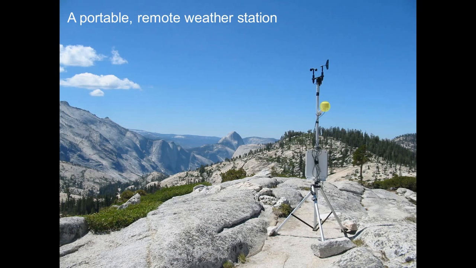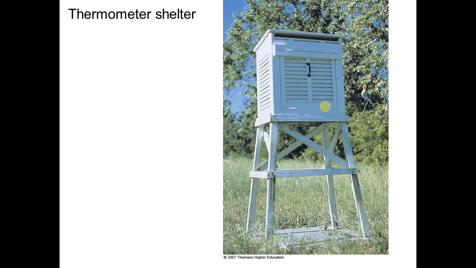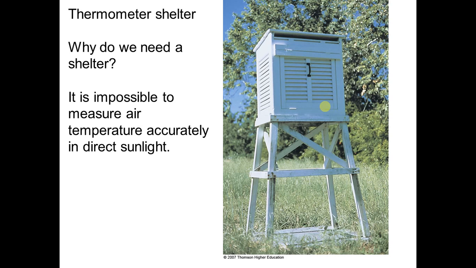That brings up a good question. Why is a thermometer shelter needed? Well, it's impossible to measure air temperature accurately in direct sunlight. In direct sunlight, the thermometer will absorb energy from the sun in addition to energy from the air molecules. The thermometer will gain energy at a much faster rate than it can radiate away, and so the liquid will keep expanding and rising until there is an equilibrium between incoming and outgoing energy.